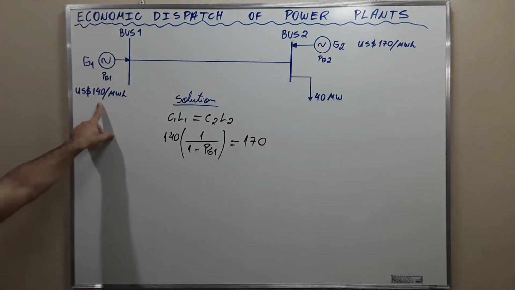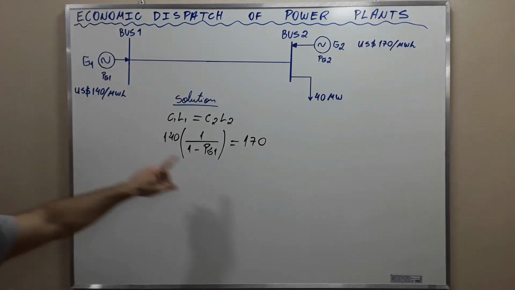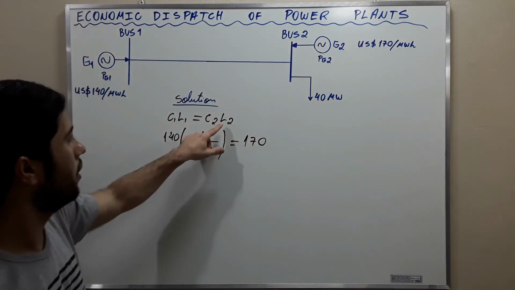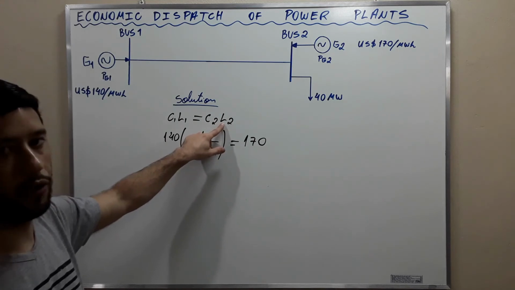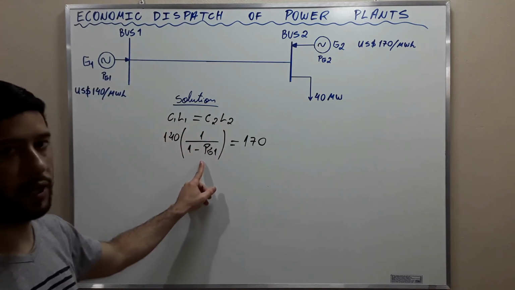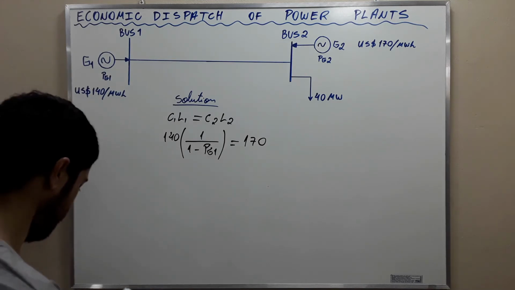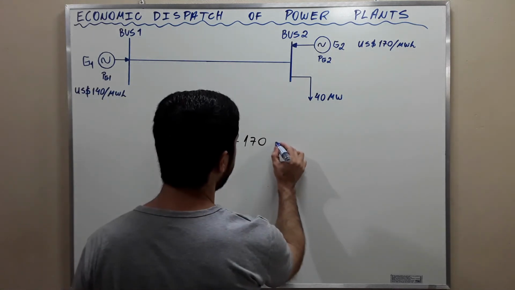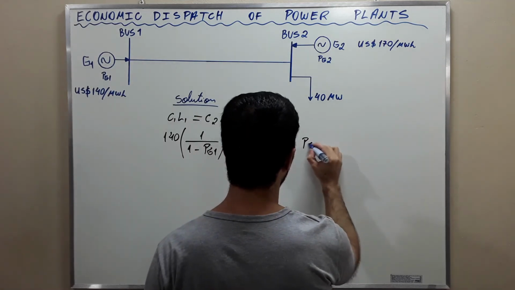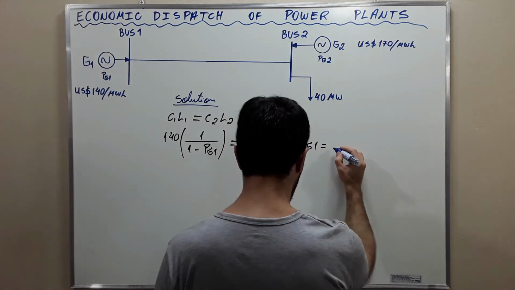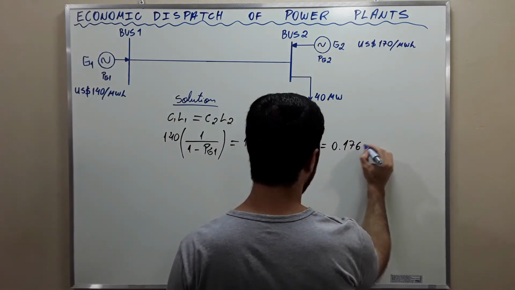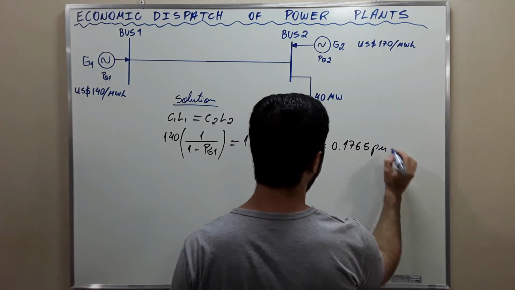This comes from this, L2 is 1 and L1 is this, okay? Which gives PG1 equal to 0.1765 PU.